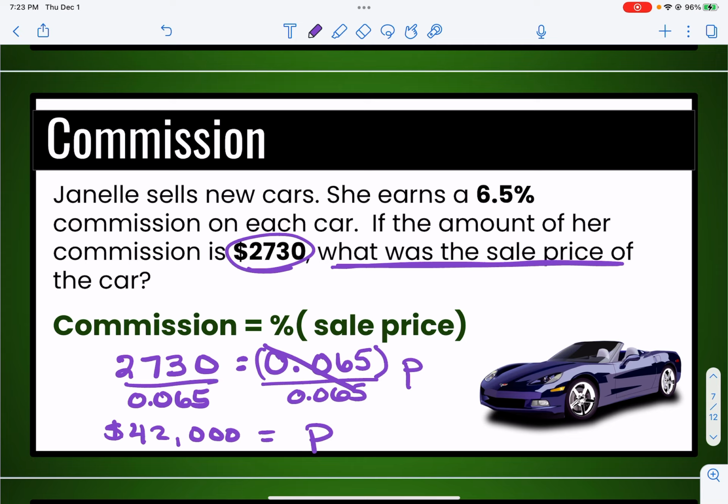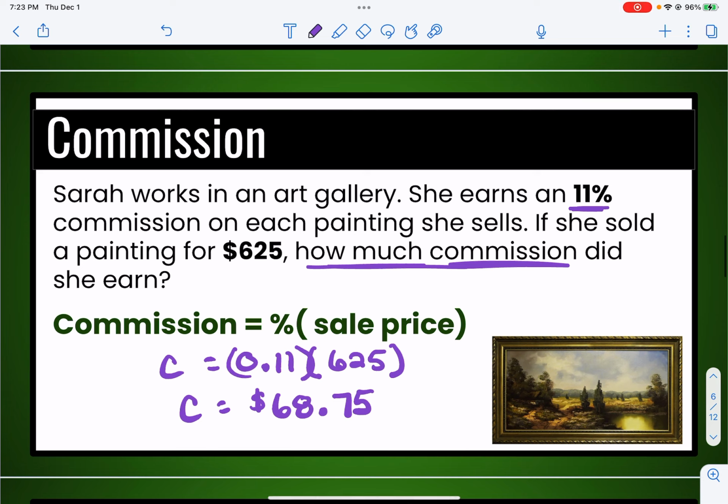Okay, so we just did 2 totally different types of problems. So let's take a minute and pause and just look at the differences between these 2 problems. So in this problem, I was looking for the commission and I knew the sale price, so I multiplied them. The 2 numbers that I know are on the same side of the equal sign, so I multiplied them together and got my answer. Pretty simple.